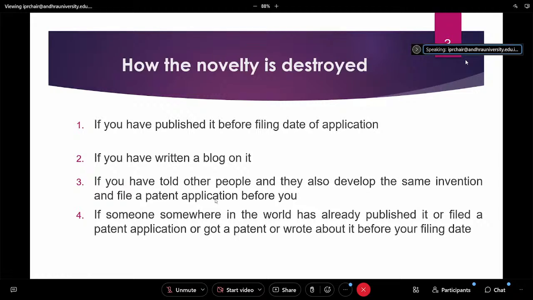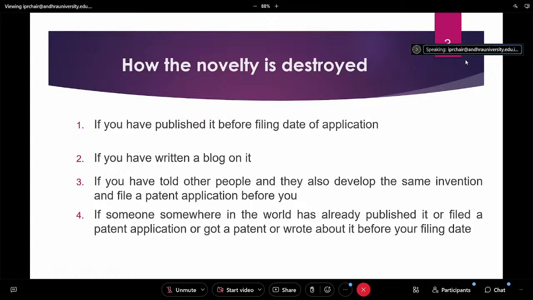So the fourth one is, if someone somewhere in the world, okay, so here you are not responsible for it. For the first 3 points, you are solely responsible for doing the damage for your own good. But for the fourth one, if someone somewhere else in the world has done the same thing and has already published it, or didn't publish it but went for the filing of patent application and got a patent also, or wrote about it before you file the thing.